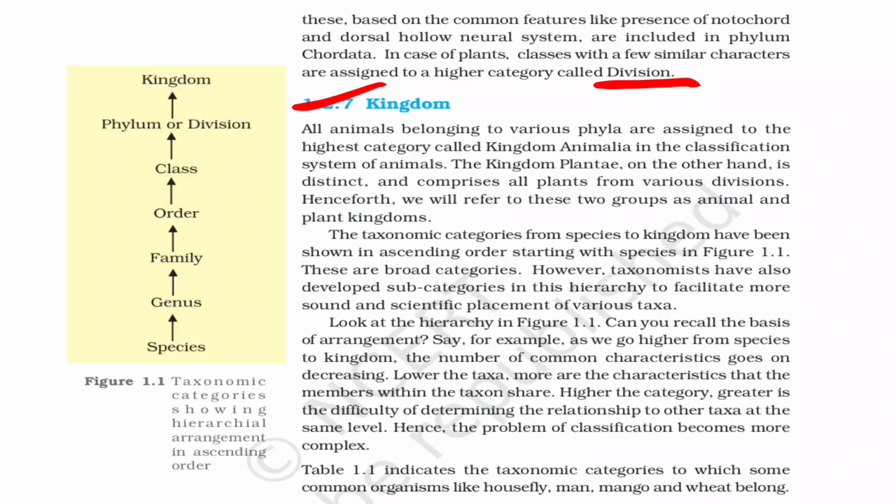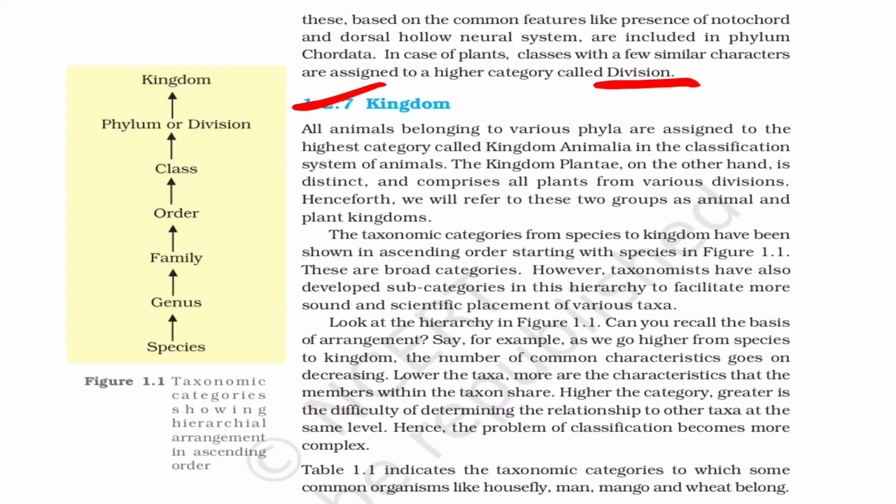Another one is the kingdom. All animals belonging to various phyla are assigned to the highest category called kingdom Animalia in the classification system of animals. The kingdom Plantae, on the other hand, is distinct and comprises all plants in various divisions. Henceforth, we will refer to these two groups as animal and plant kingdoms.